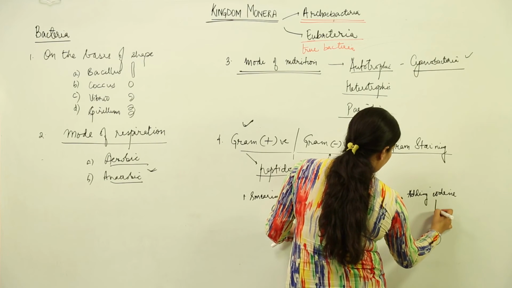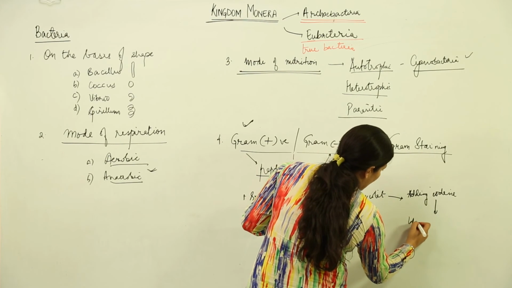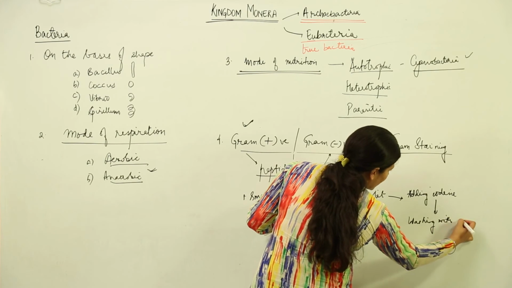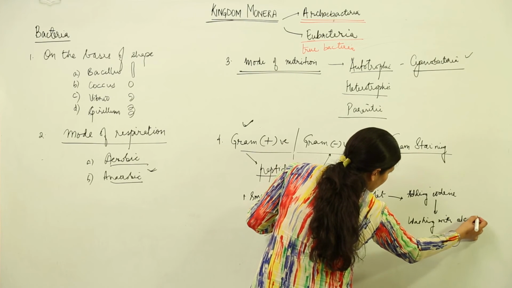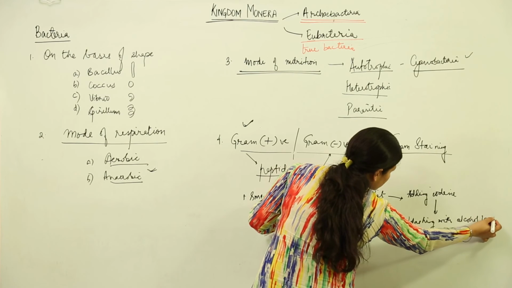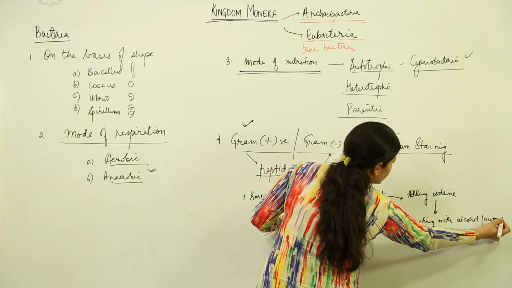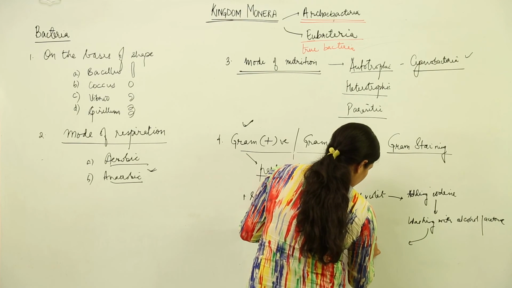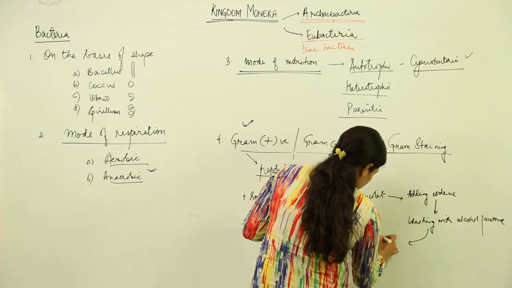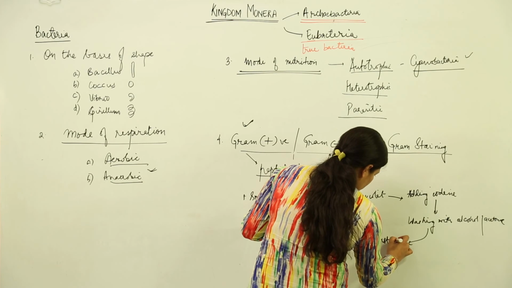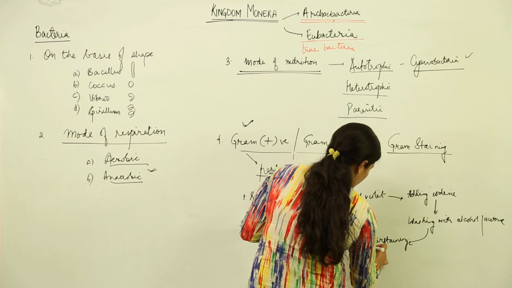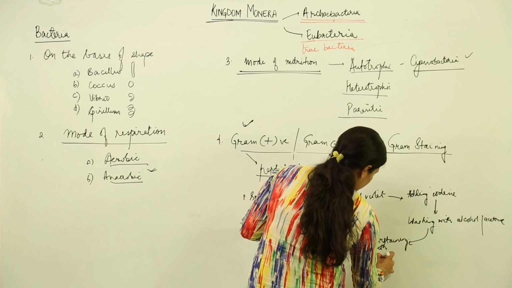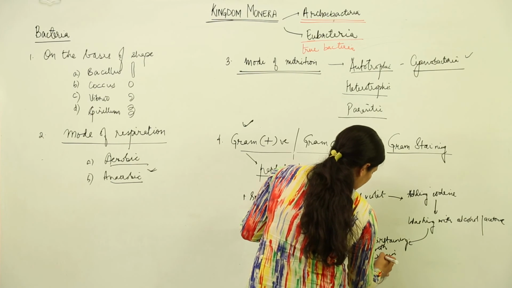Fourth step would be washing with alcohol or acetone, and last would be counter staining with safranin. Now you know safranin is pinkish in color.